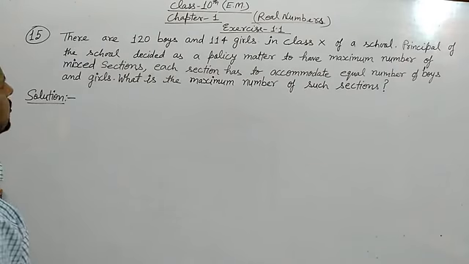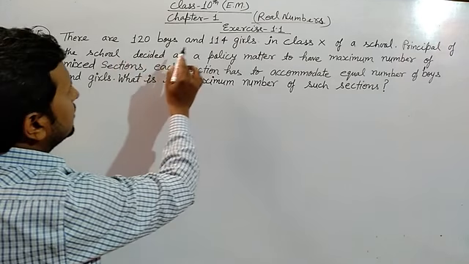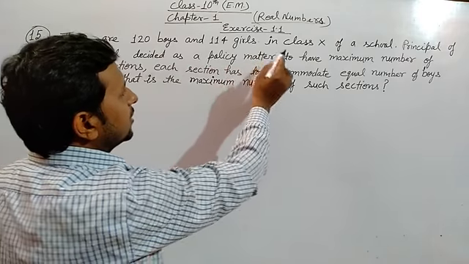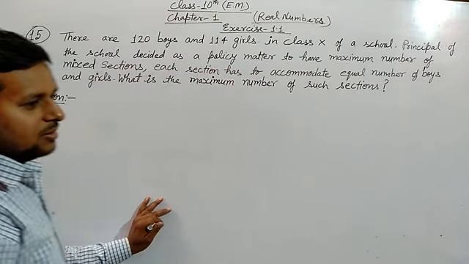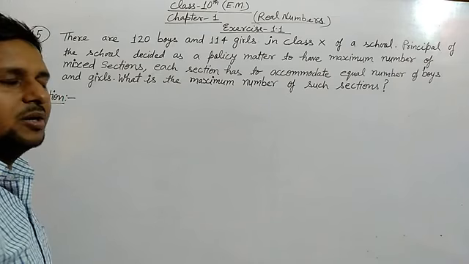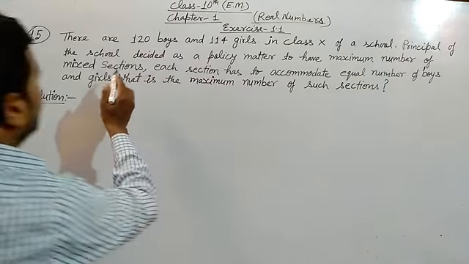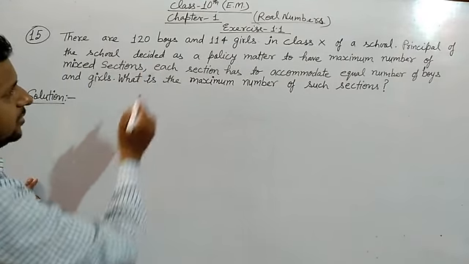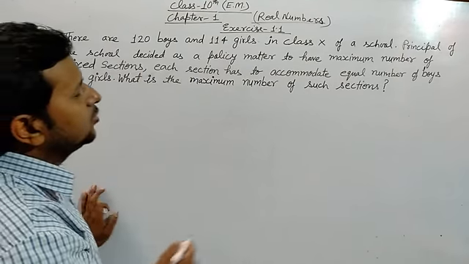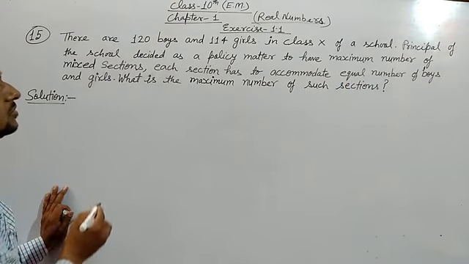Study this question and I am reading again. There are 120 boys and 114 girls in class 10th. Means in class 10th there are 120 boys and 114 girls. Okay. Now the principal of the school decided as a policy matter to have maximum number of mixed sections.